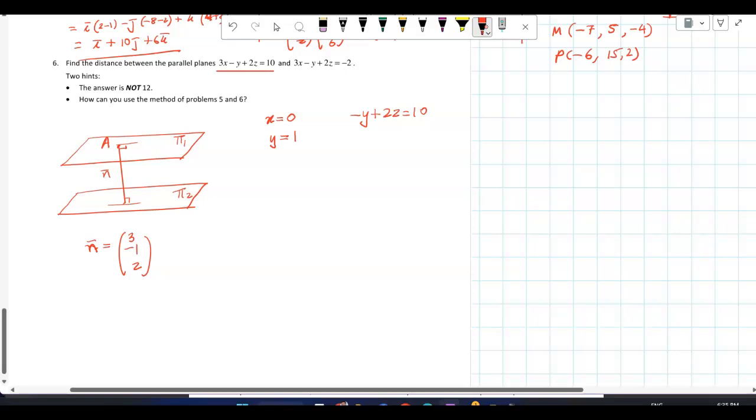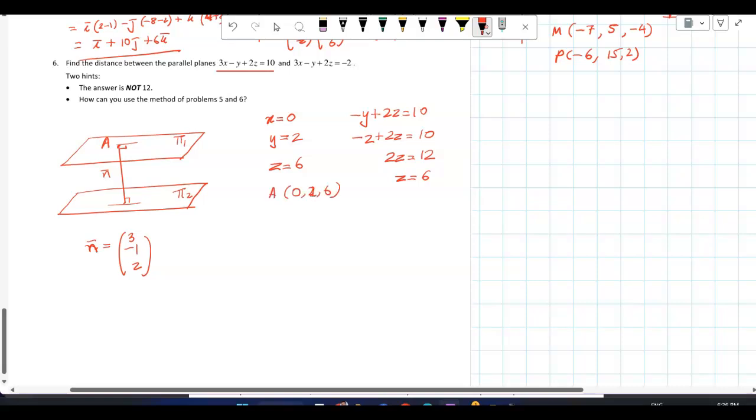Then minus 1 plus 2z would be very bad, so let's take y as 2. And you know why? Avoid fractions. So z is equal to 6. That means this point A is (0, 2, 6).